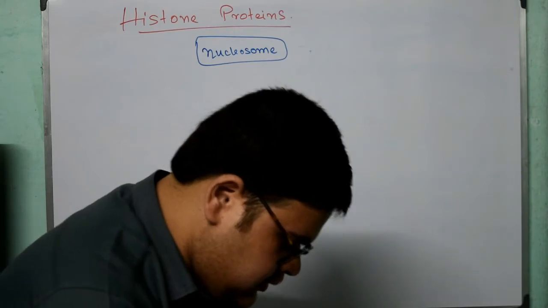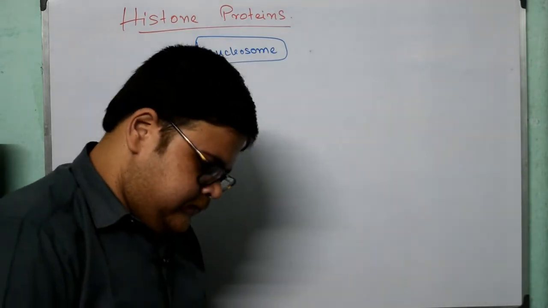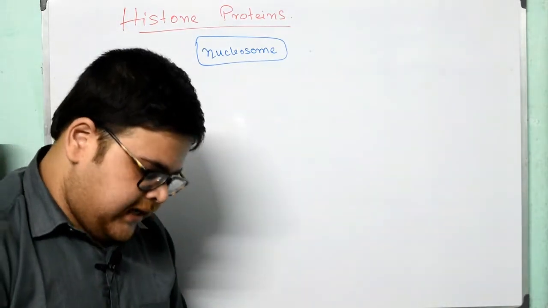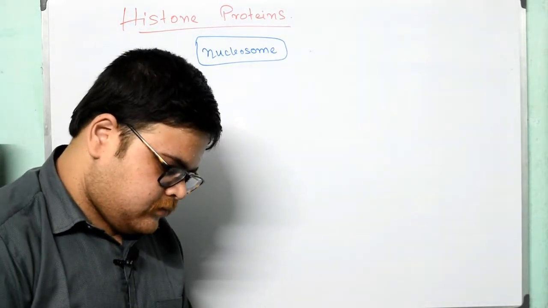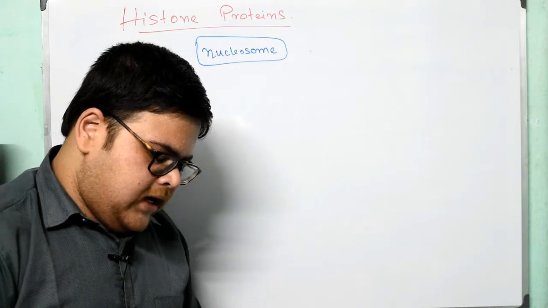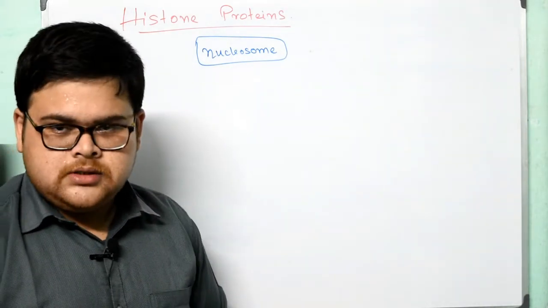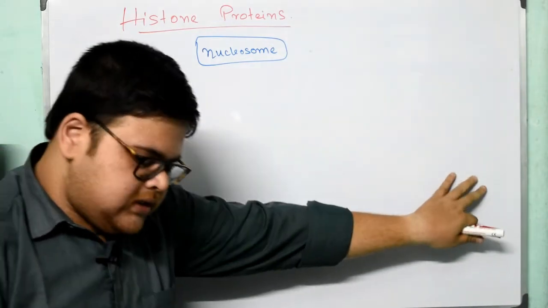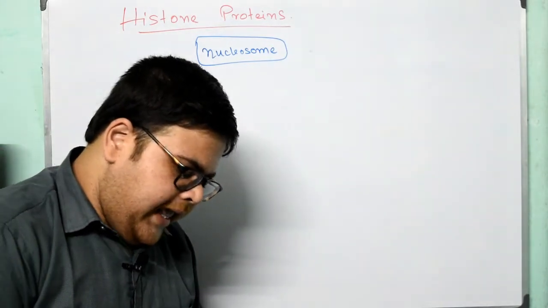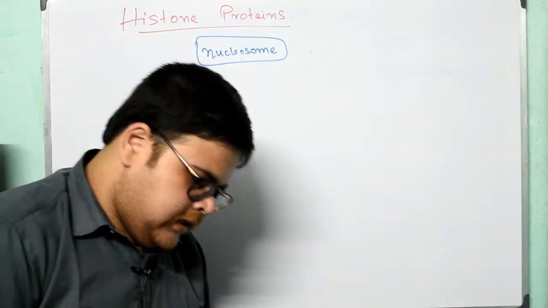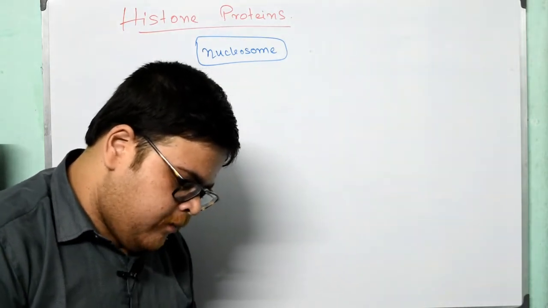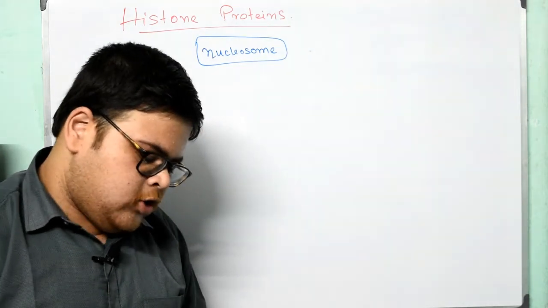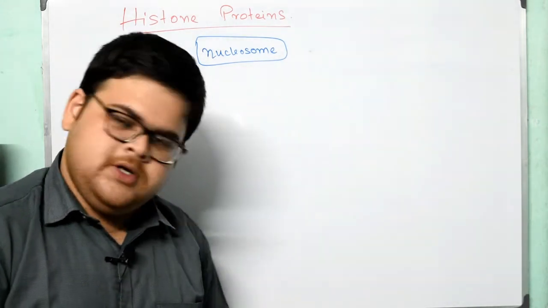The DNA strand winds around a core of 8 histone proteins, and each such complex is called a nucleosome. A single human chromosome may have millions of nucleosomes.